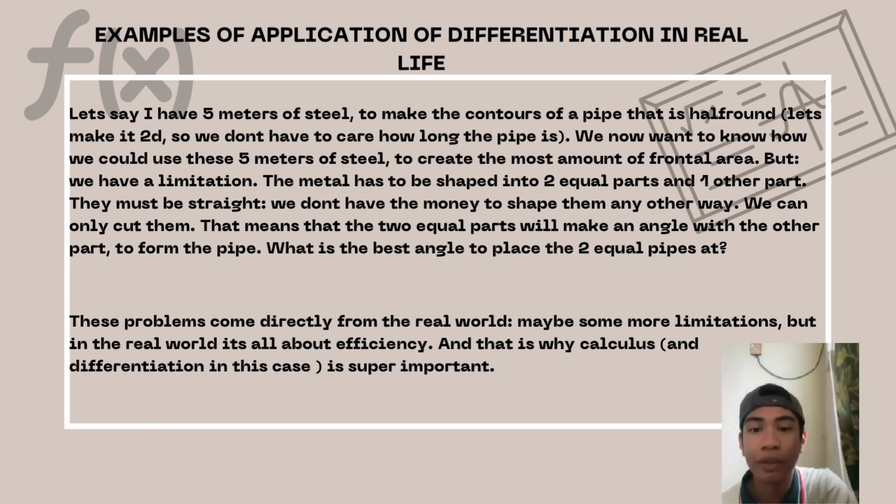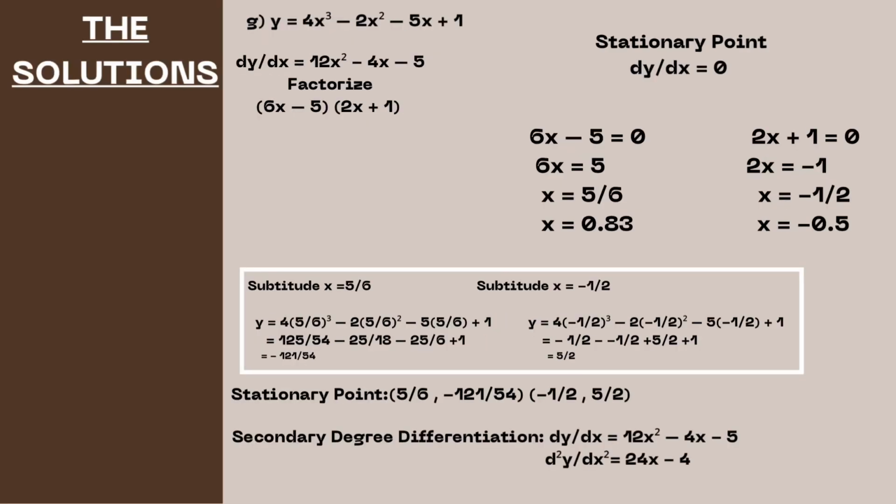Thank you very much. Today I'm going to explain how to solve the equation y equals 4x power of 3 minus 2x power of 2 minus 5x plus 1. First of all, we need to differentiate to find the expression for dy per dx. Differentiate 4x power of 3, we get 12x power of 2.